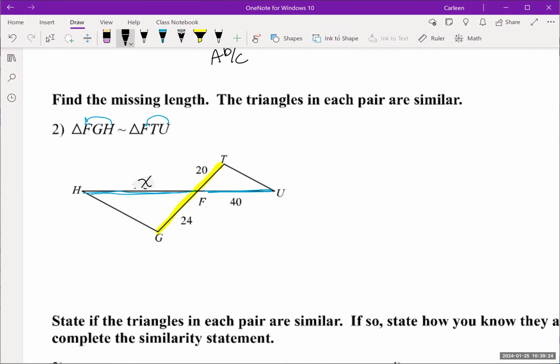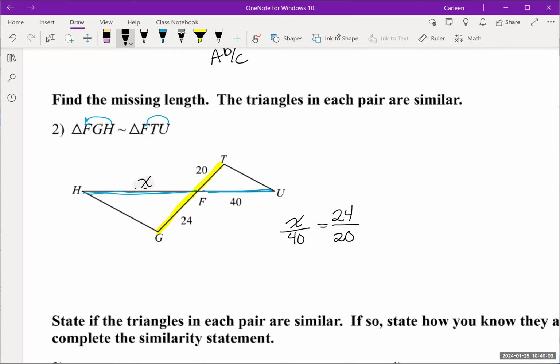So I'm going to say X over what? Can you type it in? Thank you. Awesome. 40 is equal to, if I said X, what has to go right there? All right, nice. So we got to put 24 here and 20 there. It has to go in that order.